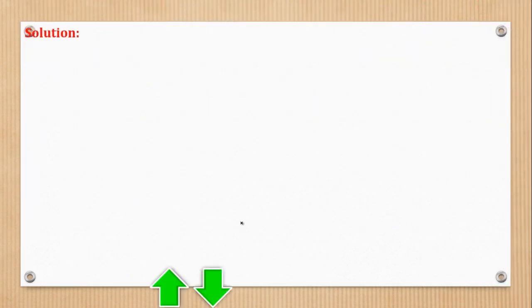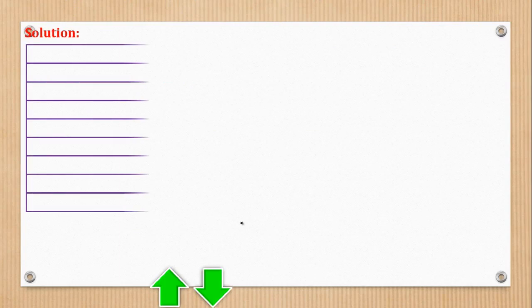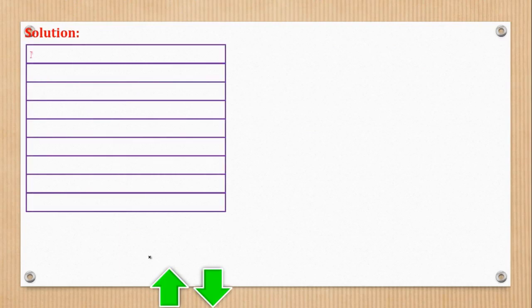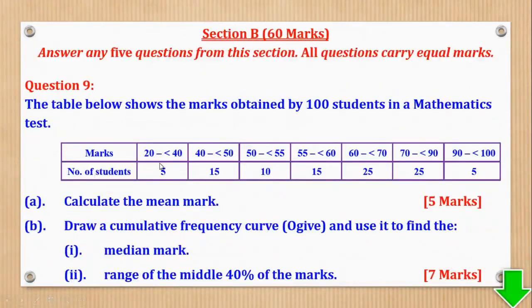So the first thing to do is to tabulate. For the column of marks, I'll put these very marks. If you see these inequalities, it means that the classes are the same as the class boundaries. The number of students will be the frequency.